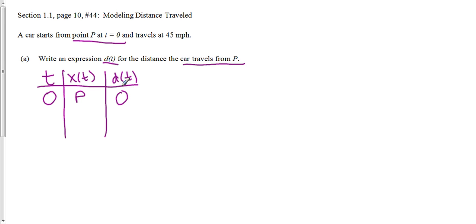So what should my next time step be, my time increment? Let's look up here at the problem again, and the only piece of information that we have about how the car travels or moves is this 45 mph. What does mph stand for?